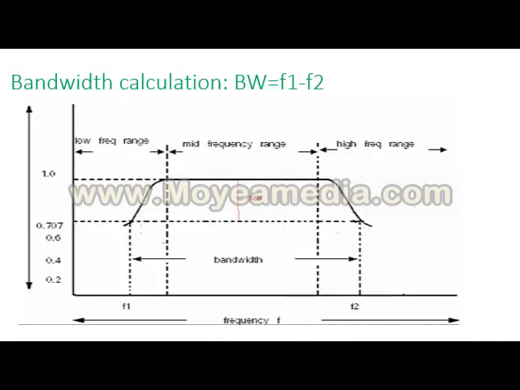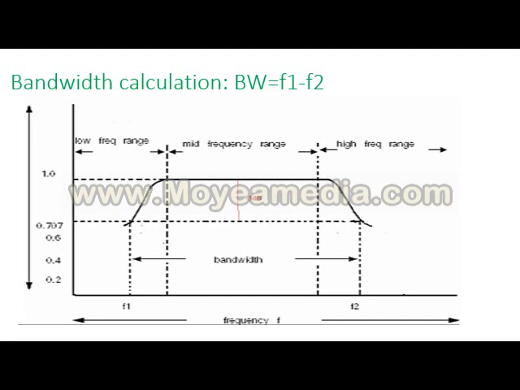Then from this frequency response curve, we have the maximum voltage gain in the mid frequency range. So we know that the y-axis is the gain axis. It is in decibel. Then we have to take 3 dB from the maximum value.